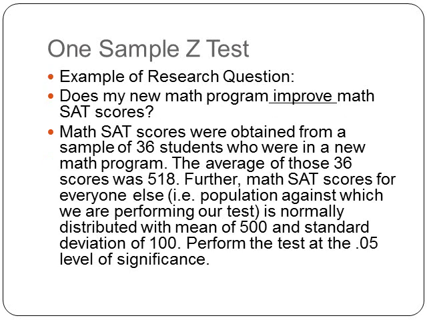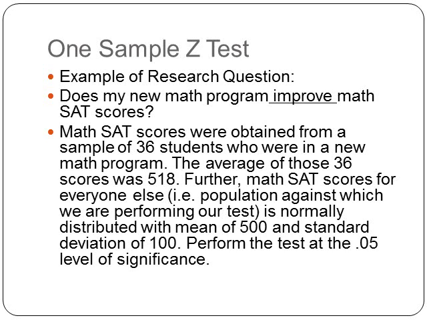So if we have a research question, which would be, does a new math program improve math SAT ability? We might look at math SAT scores with students. So in this example, you have obtained 36 students who were in a new program. The average of the scores was 518.